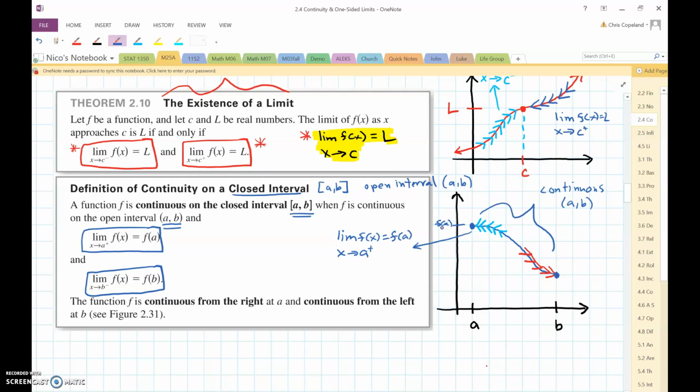And then if we look at this point here, if we take the limit of this function as x approaches b, coming from the left, that's going to end up being f of b. Okay? That's the definition of continuity on a closed interval.